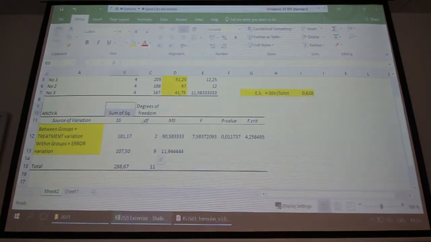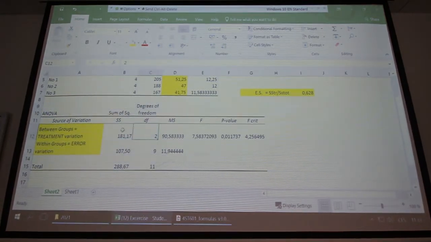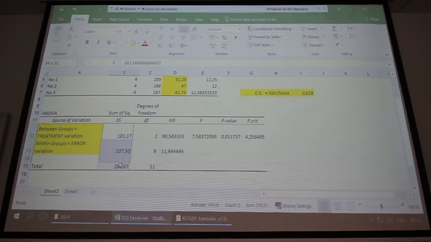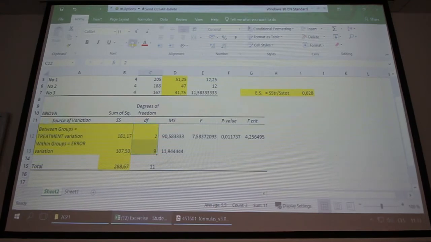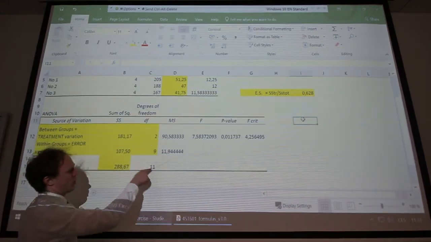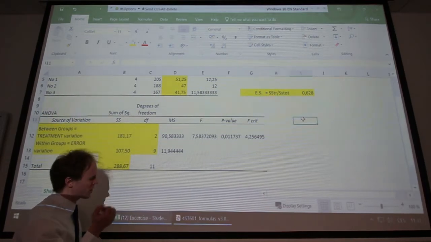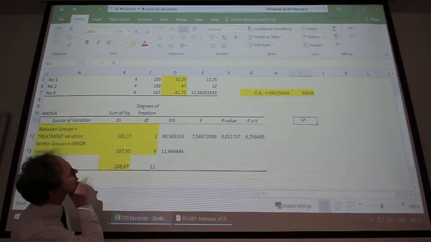So we already know what degrees of freedom are. We need these 3 values, and in the case of degrees of freedom, we need these 2 values. This summation, 11, is useless, we don't need it for anything.